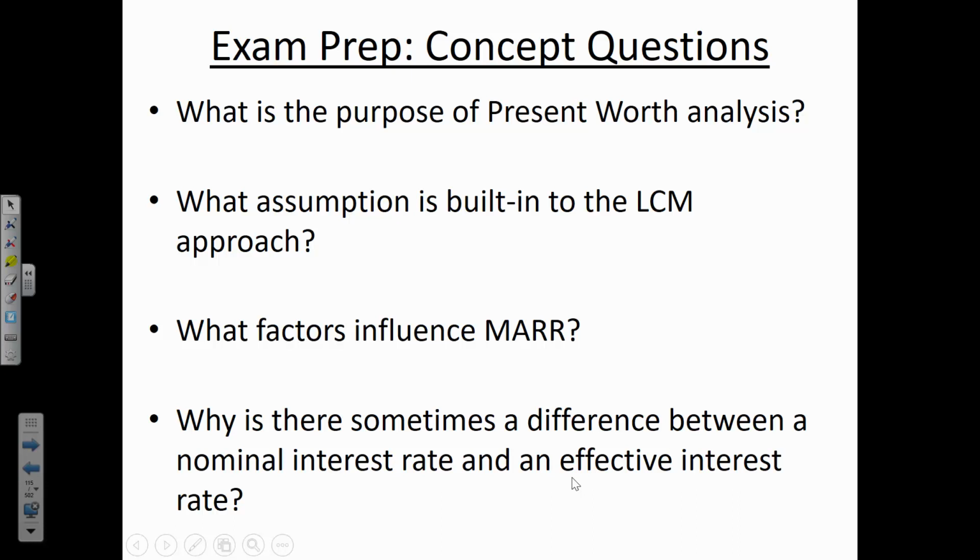That's what the effective interest rate takes into account: how much interest during a one-year period you'd be paying on the interest. If any of these weren't immediately in your mind the second they came up on the screen, that's an indicator that it would be worth your while to review the notes, review the textbook, and potentially even go back through some of the lecture recordings that are available online.